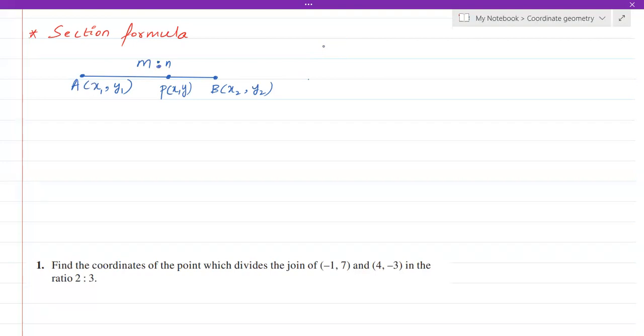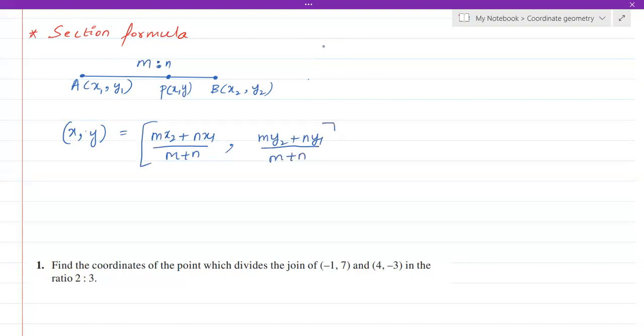The coordinates of P, (x, y), can be found using this formula: x = (mx2 + nx1) divided by (m + n). This is to find the x value, and to find the y value, the same formula with y: (my2 + ny1) divided by (m + n).